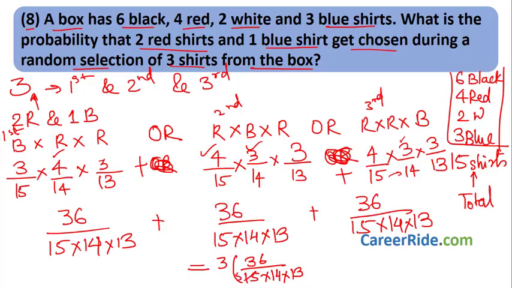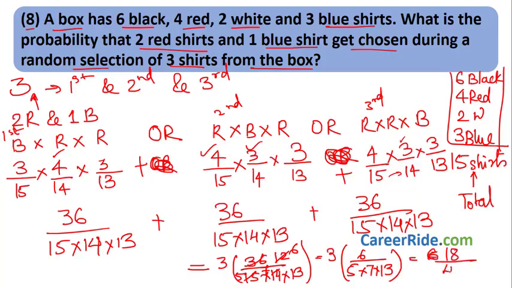So 3 5s are, 3 into 12s are, 2 6s are, 2 7s are. On solving this it is nothing but 3 into 6 upon 5 into 7 into 13. On solving this you will get the answer as 18 upon 455. So this is the probability of choosing 2 red shirts and 1 blue shirt.